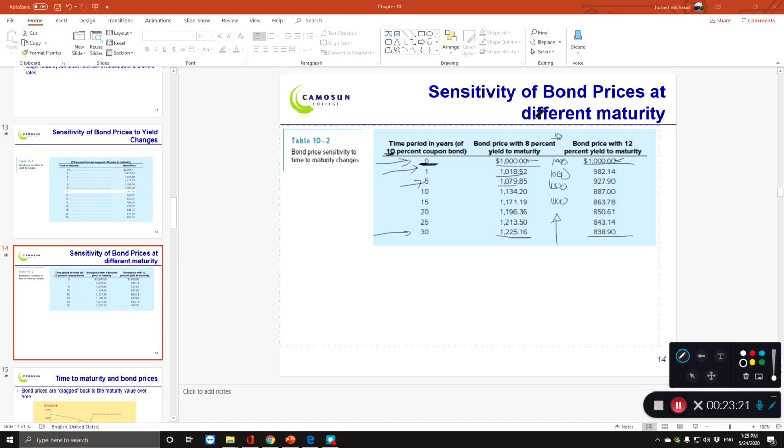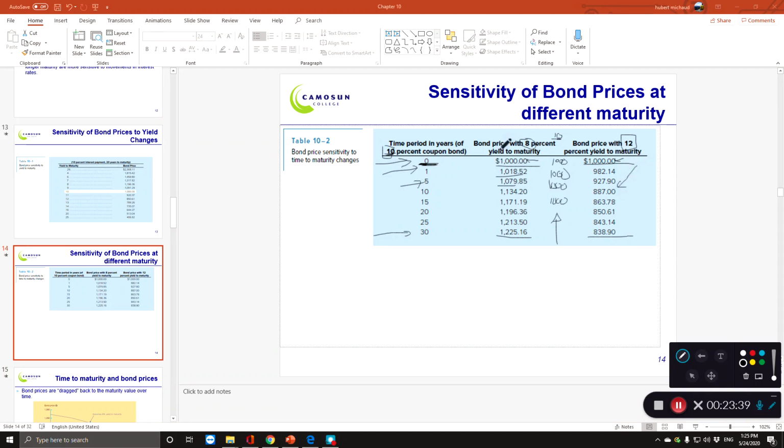When the yield decreases and goes below the coupon rate, which is 10% in this case, then the price of the bond will go up. When the yield increases and goes above the coupon rate, then the price of the bond will decrease.